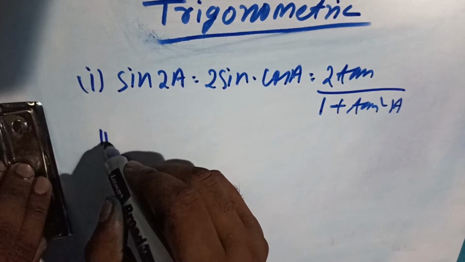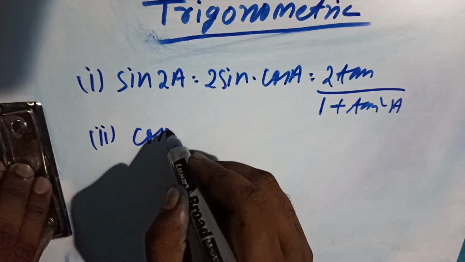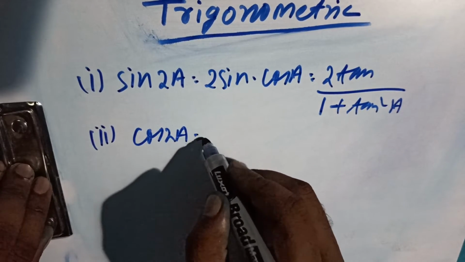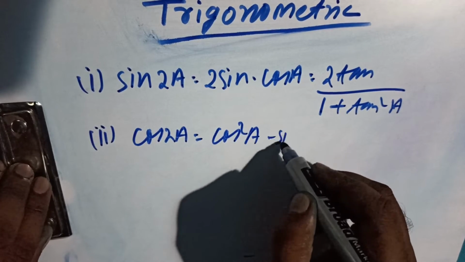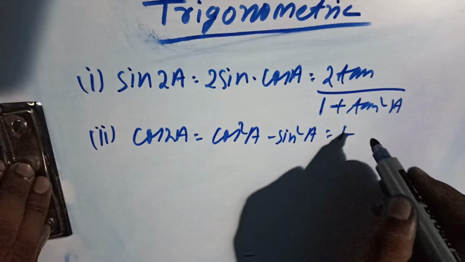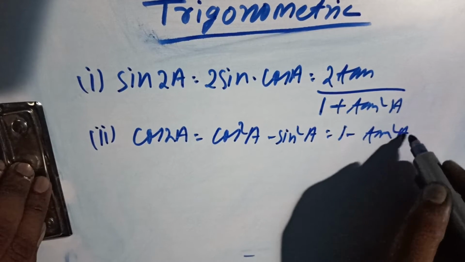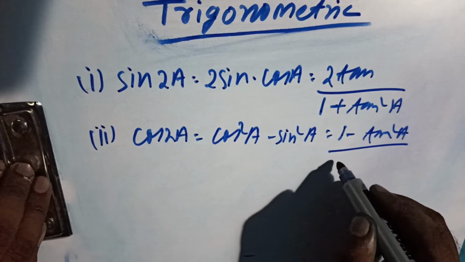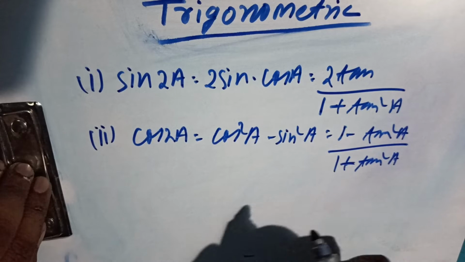Second one, cos 2a equal to cos square a minus sin square a, equal to, in case of tan, 1 minus tan square a by 1 plus tan square a.